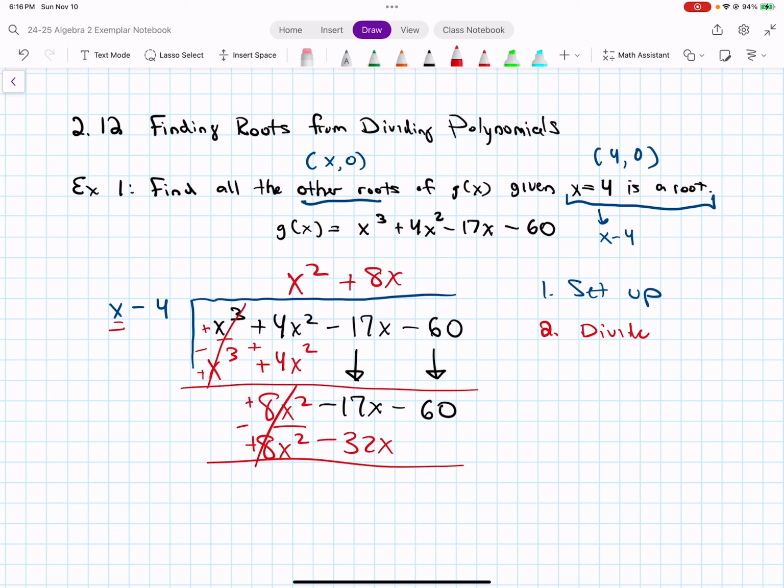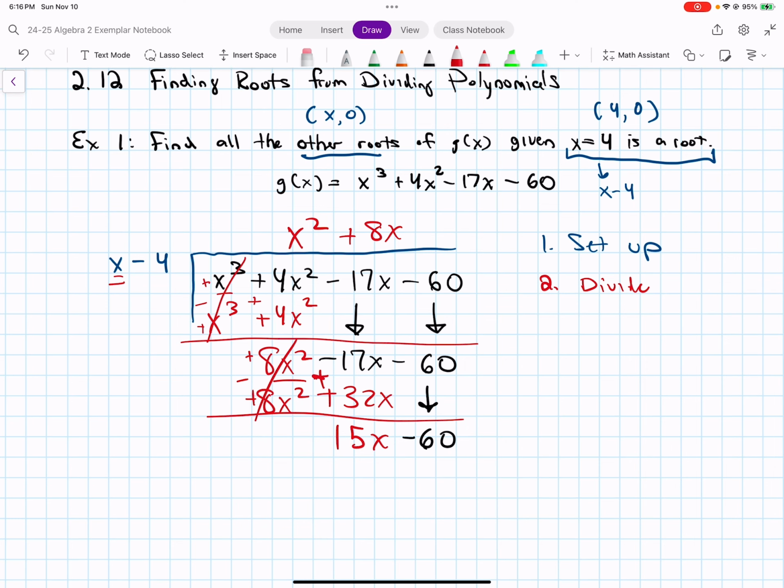And negative 17 minus negative 32, I'm adding the values, so it's positive 15x. Bring down the negative 60.